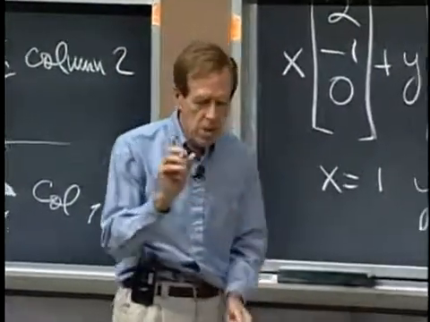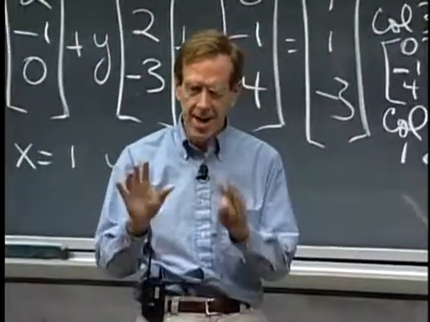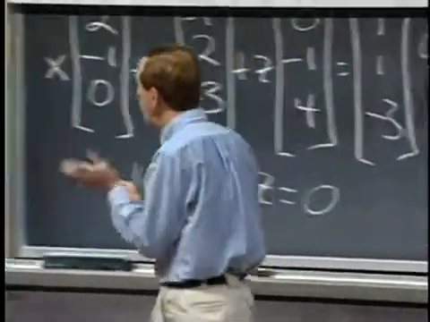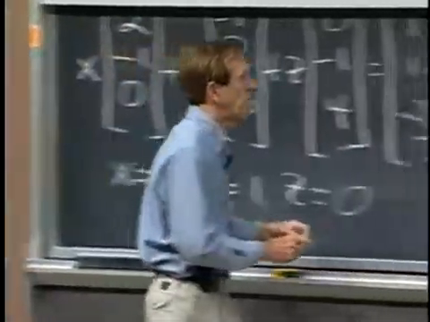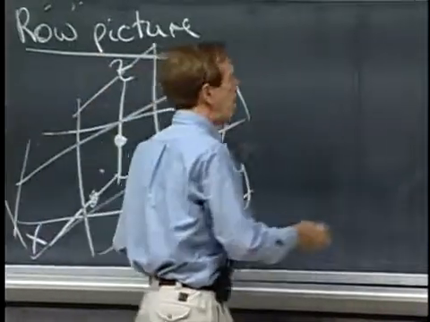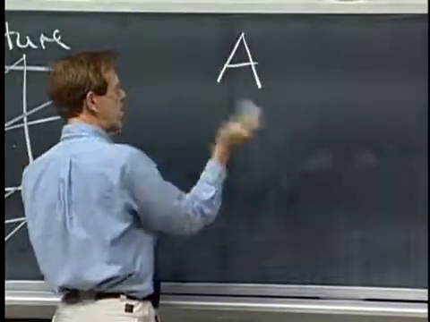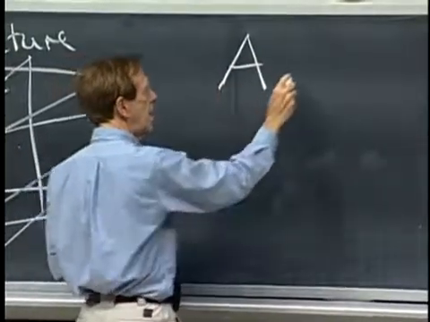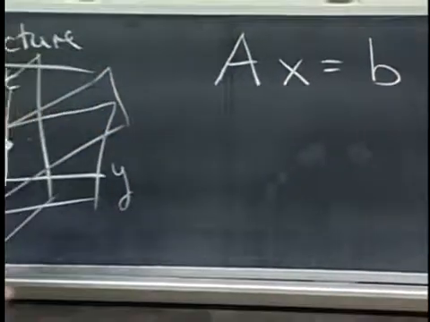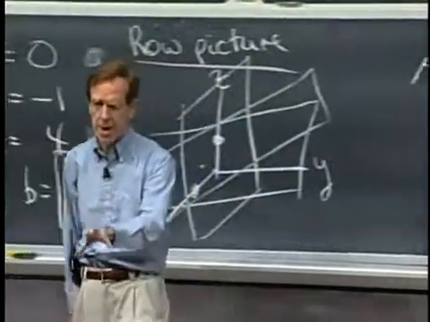Okay, there was one step which I realized I was saying in words that I now want to write in letters, because I'm coming back to the matrix form of the equation. So let me write it here. The matrix form of my system is some matrix A times some vector x equals some right-hand side B. So this is a multiplication, A times x, matrix times vector.